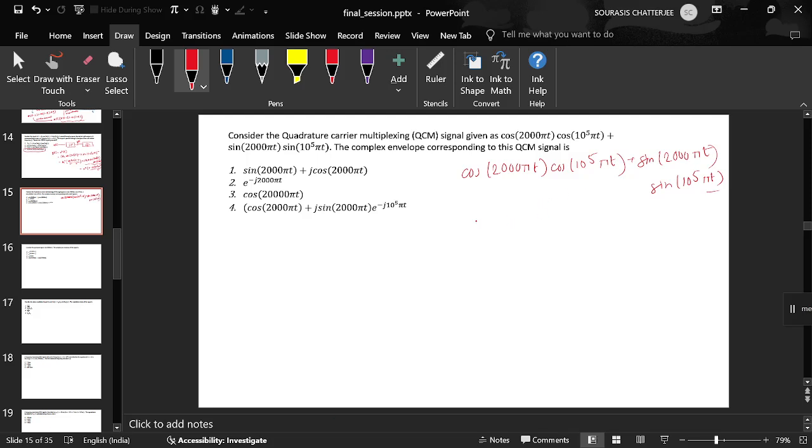So the standard QCM expression is as follows. We have an in-phase part and we have this carrier, and a quadrature part, functions of t, with again the carrier.